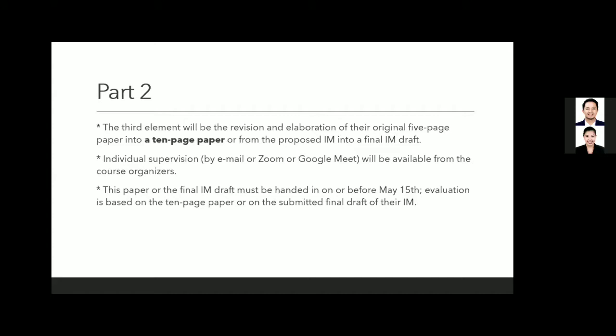You will talk and discuss your review with the proponent. After May 5, they will be given some time, and tentatively they will be submitting the 10-page paper, after the inclusion of your comments, on May 15.